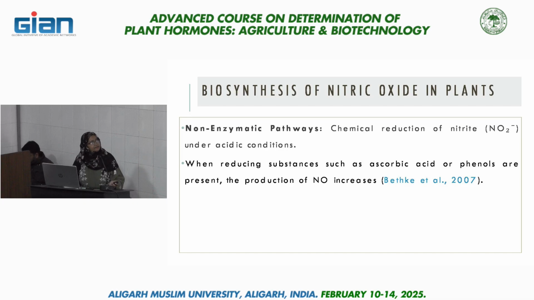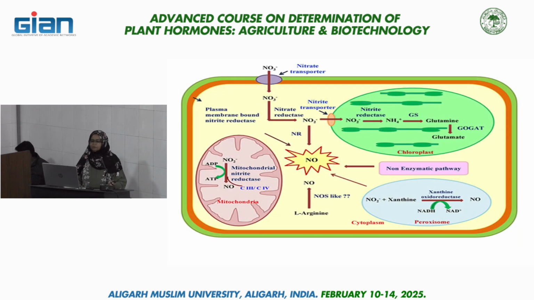That is, here you can see the conversion of nitrate into NO. Beside this is the xanthine oxidase pathway, and in the mitochondrial electron transport chain NO is also produced. So, overall it is produced mainly by the enzymatic pathways.